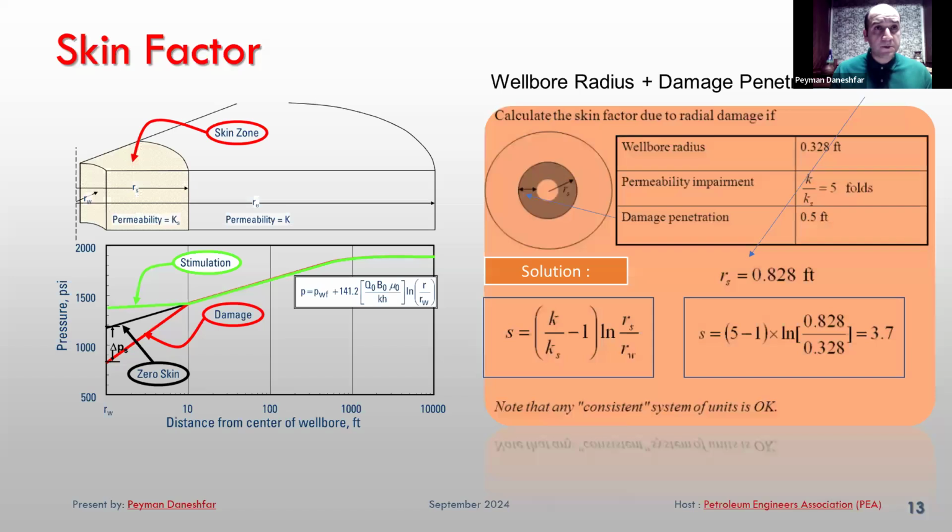Okay, 1 meter from the wellbore. What is your wellbore radius? When you want to use it, you should add it to your wellbore radius, and after that you should use it in your formula.